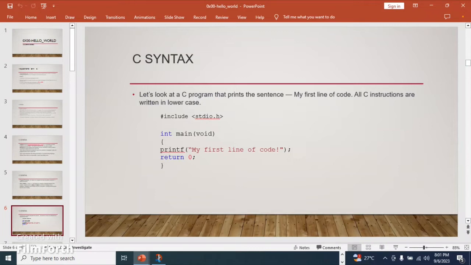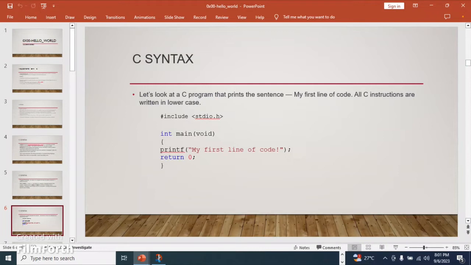So let's continue. Now, if you see this C program here, there's the hashtag include less than stdio.h greater than. Then we came here, you see int main void. Then the braces, you are seeing printf.